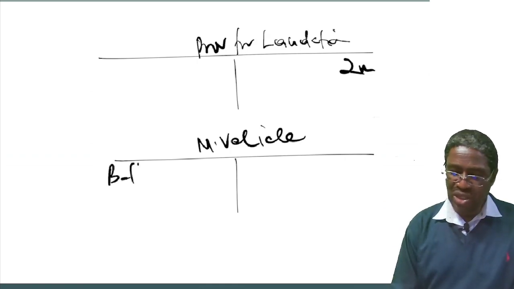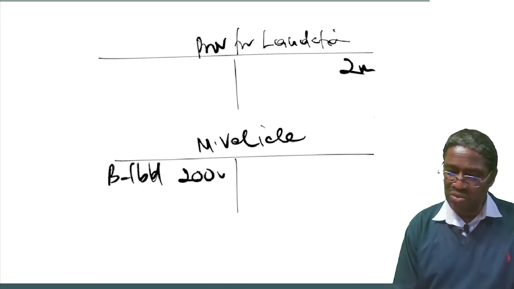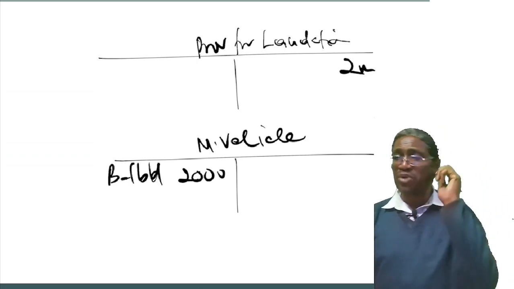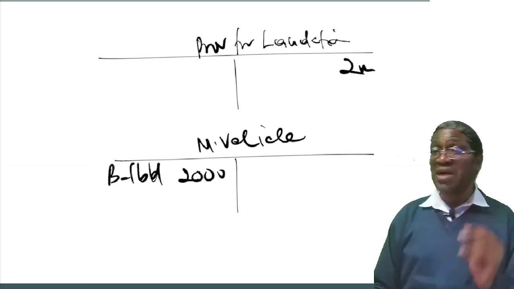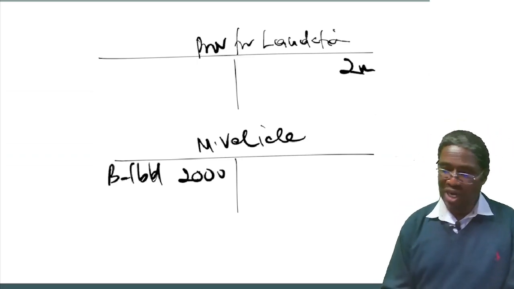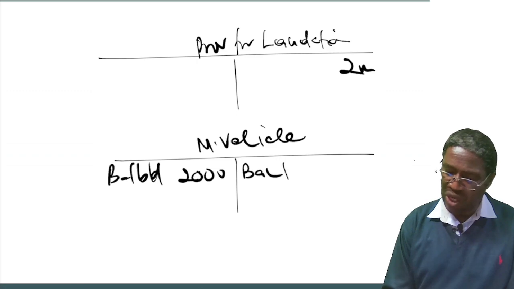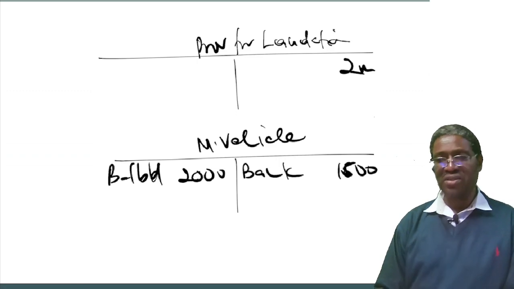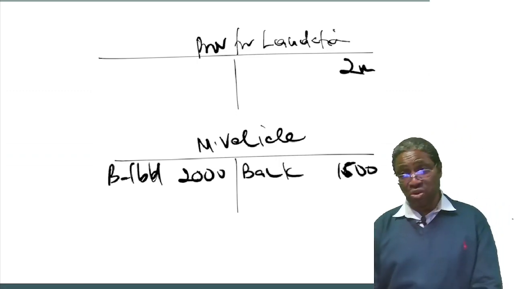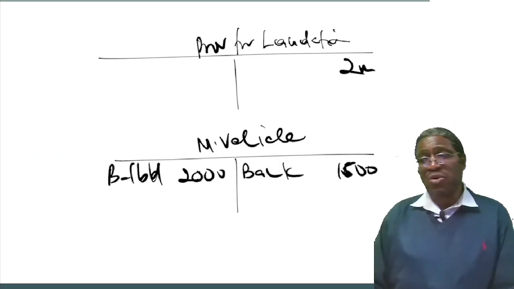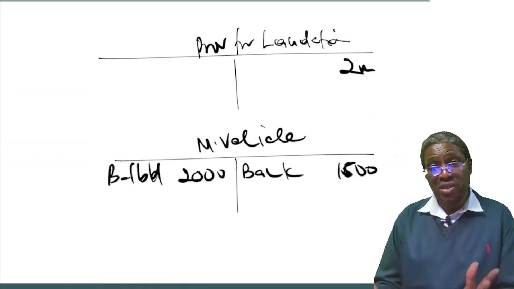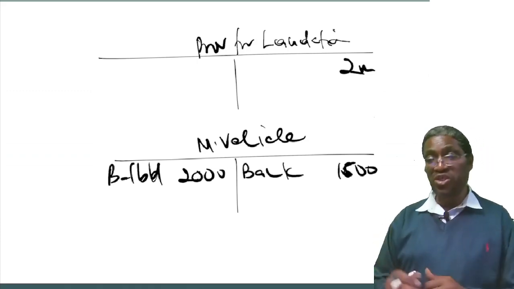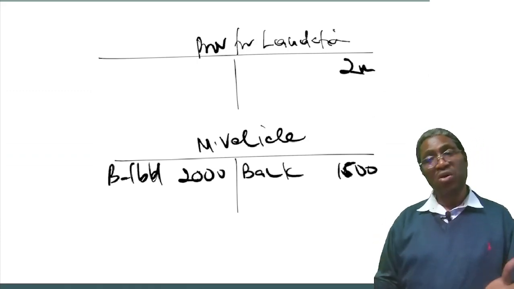Let me assume the book value of the motor vehicle was maybe 2 million, and the question tells you you sold it for 1.5 million. So you will debit bank by 1.5 million and you will credit motor vehicle account. But don't forget, when you look at this motor vehicle account, it has a balance. That balance is what we call the gain or loss on disposal.